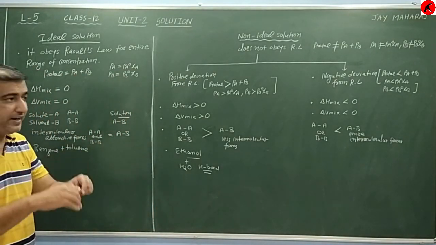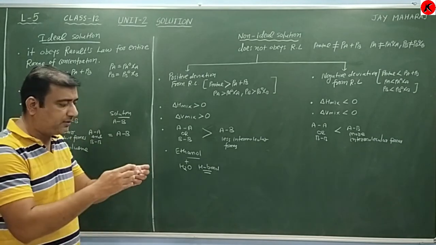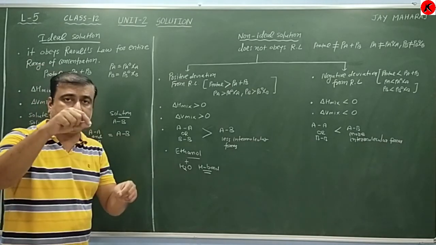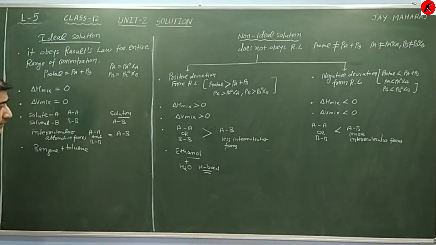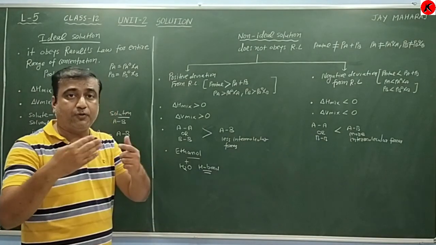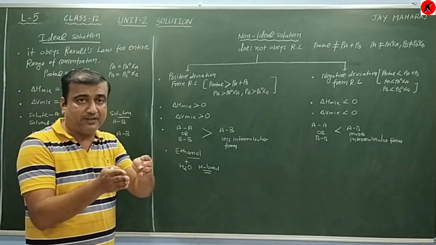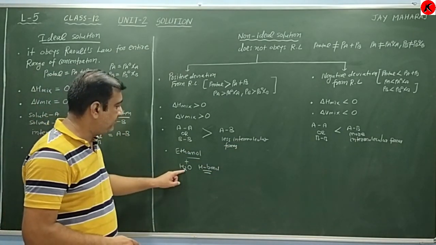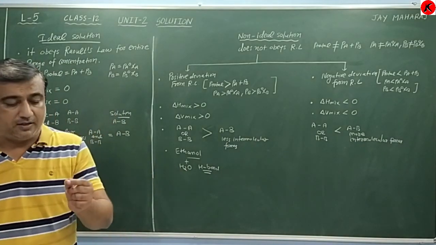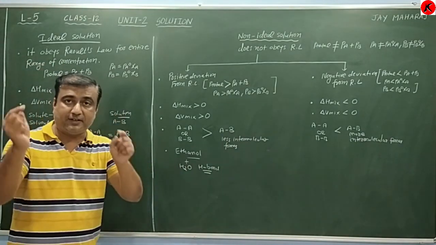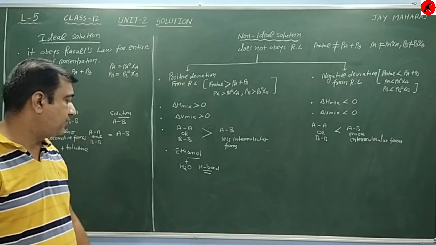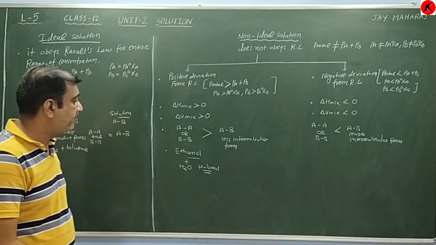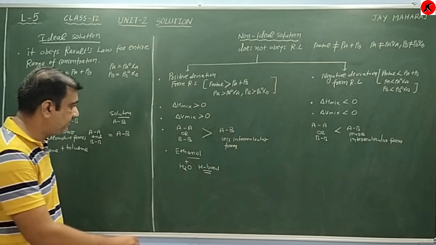When ethanol is added, ethanol also has hydrogen bonds, but not as strong as those of water. That means when ethanol is added to water, the new intermolecular force between ethanol and water is less compared to the original. In water molecules the hydrogen bond is strong, but when ethanol is added, it is not as strong as the original. So ethanol plus water is an example of positive deviation.